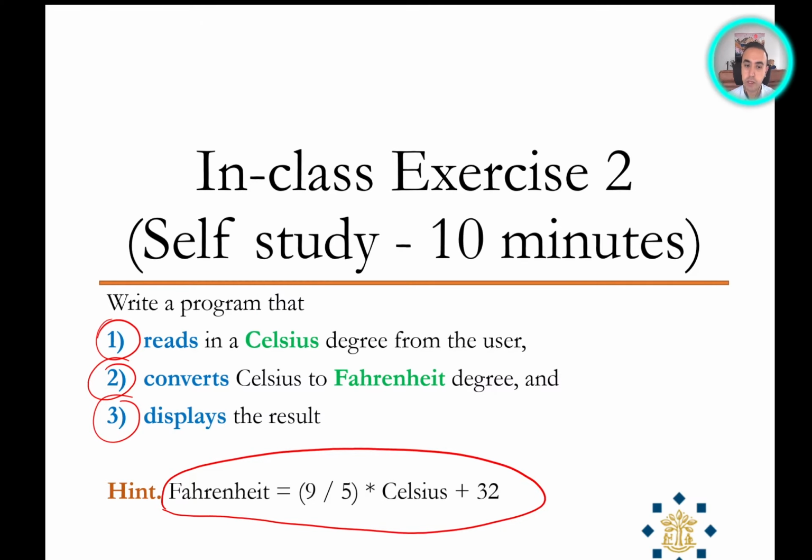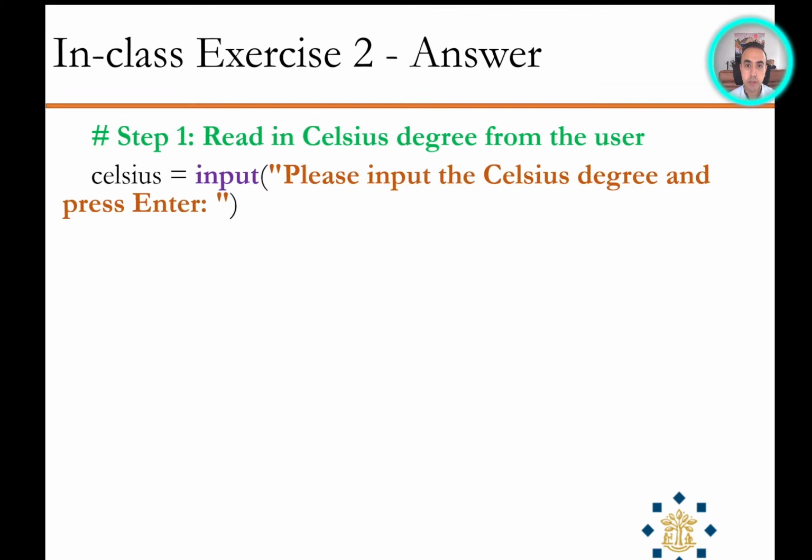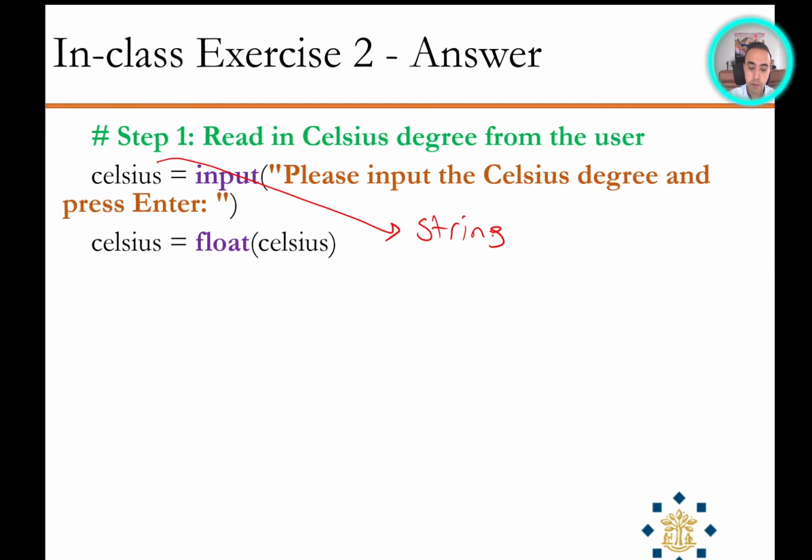Okay, so that's the second exercise. Let's look at the answer on paper. We again read in the Celsius degree from the user and convert it to a number. Here it's text, it's a string, because the input function always returns a string, not a number.